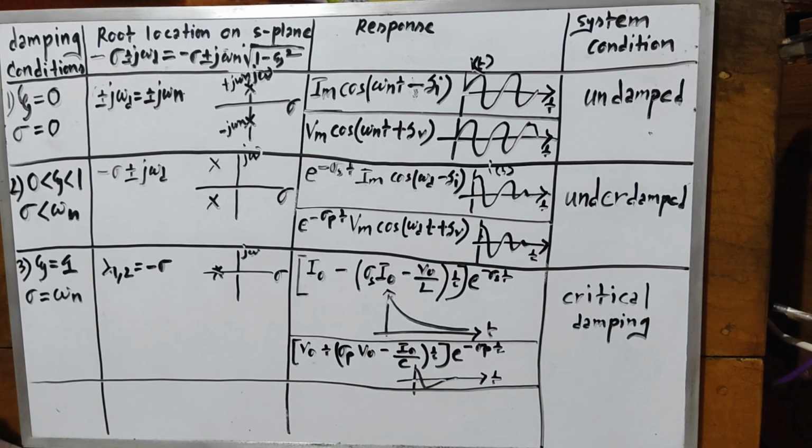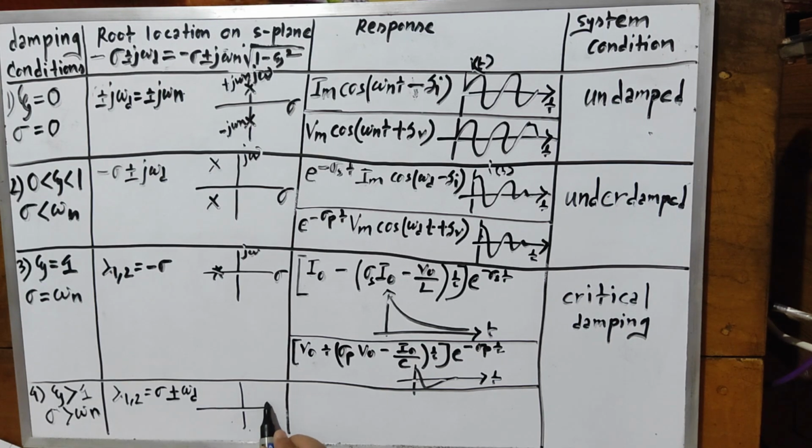The fourth case is when the damping factor, the damping ratio, is greater than 1. What happens then is the Napier frequency is greater than the oscillating frequency. So the roots are now sigma plus minus omega d. There is no imaginary term.